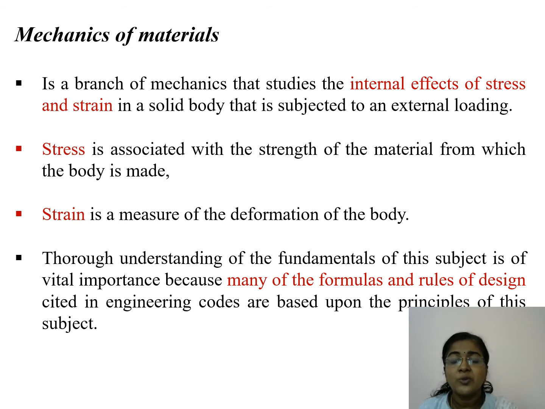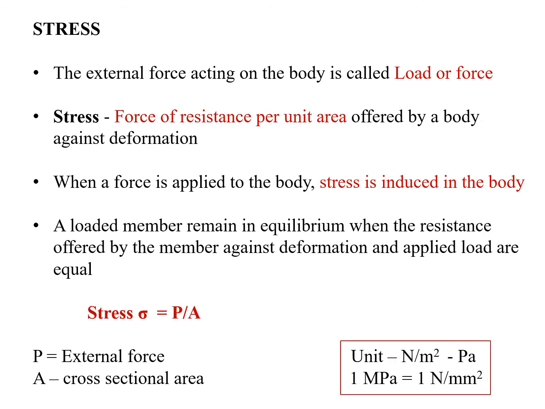You have to use these codes while designing steel as well as concrete structures in the coming semesters. For the understanding of the terms as well as the formulas, and for the proper usage of these codes, you should have a thorough understanding of mechanics of materials.